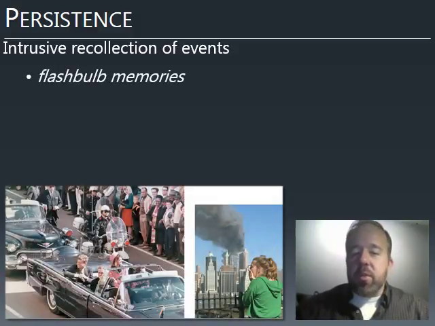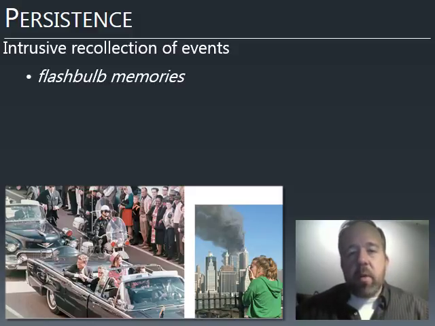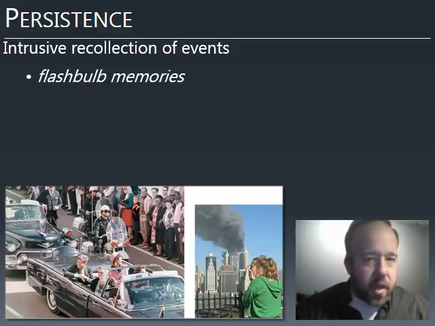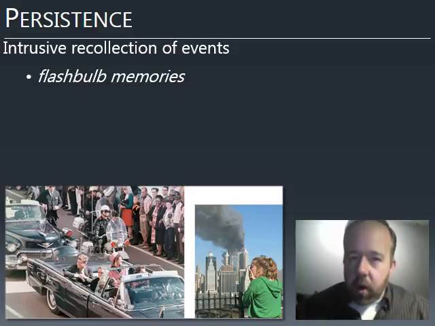And so this is related to the idea of what are called flashbulb memories. And flashbulb memories are usually emotionally charged, often traumatic memories of events in which we remember lots of details that we wouldn't otherwise remember. So people remember where they were and what they saw, what they were doing when the Kennedy assassination happened, or more recently, when September 11th occurred.